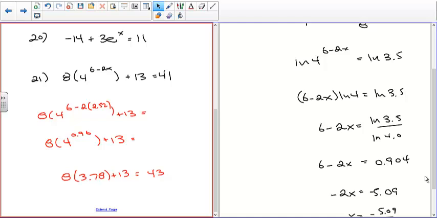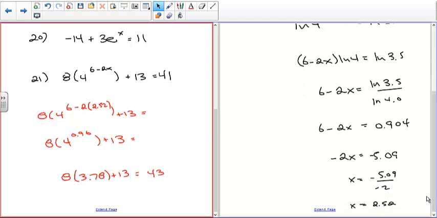Then we subtract 6. We divide by 2. And what I'm going to do is just leave all the decimals here and make sure it's not just because I rounded off.